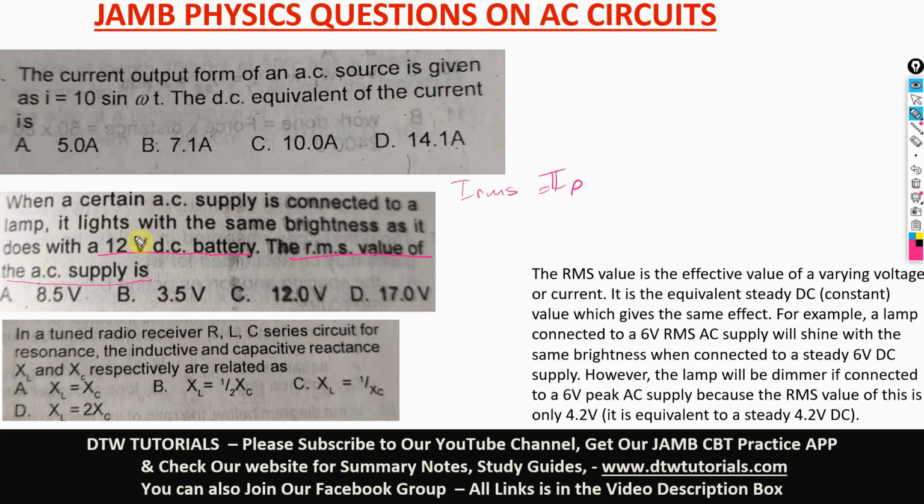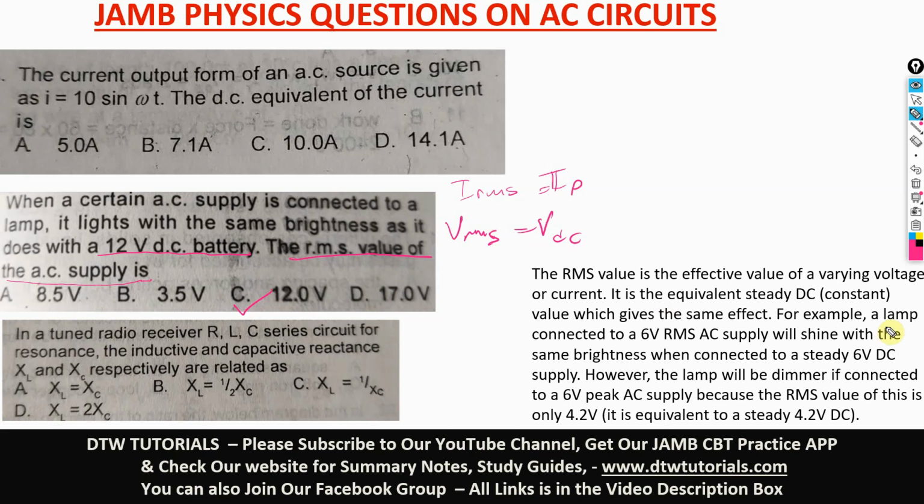So it means the source is using the RMS value, the effective value of this same battery. So the answer will be C. Are you getting my point? Here the RMS value is equal to the DC, so you have VRMS equal to VDC.